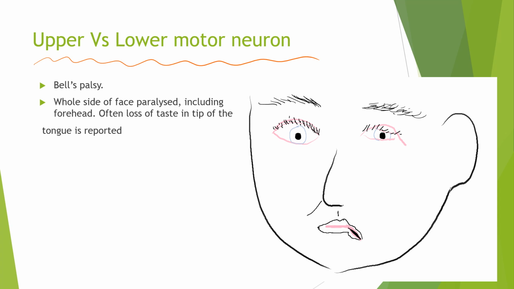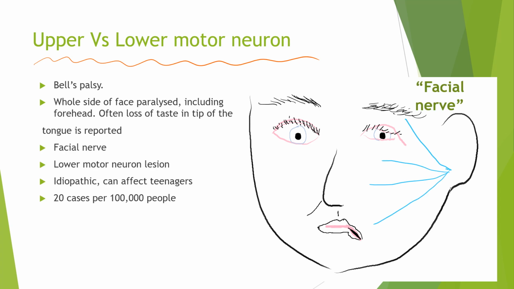Here's an important case where upper versus lower motor neuron becomes very important. The case of a Bell's palsy, which you might have heard of. Now, in a Bell's palsy, what you have is the whole side of the face is paralysed, including the forehead. And often loss of taste in the tip of the tongue is reported because the anterior 2/3 of the tongue is innervated by the facial nerve.